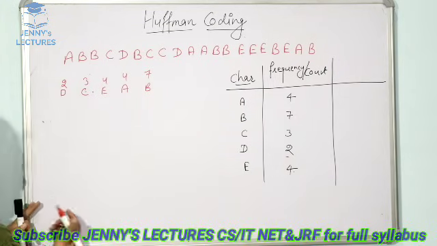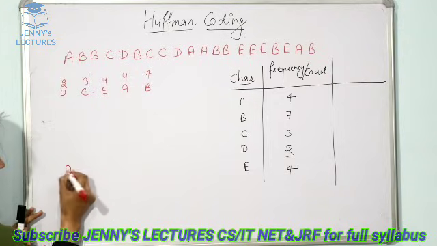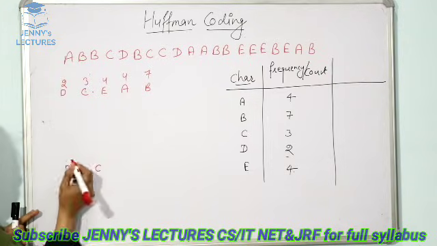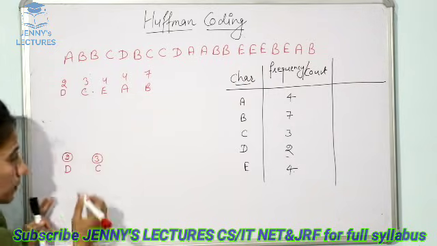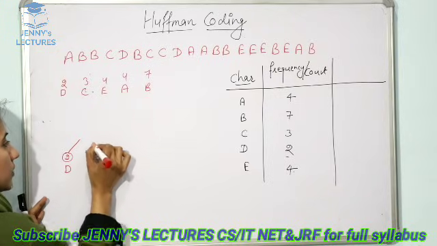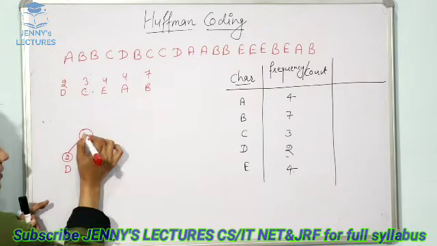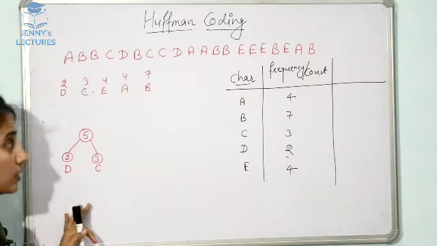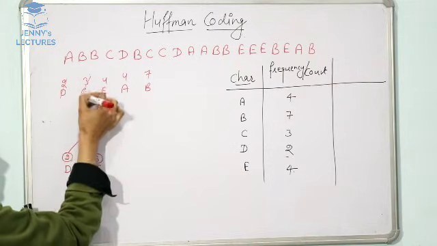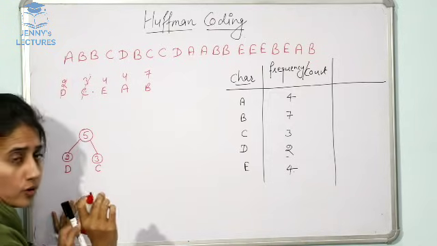Take D and C like this. See, we are taking D and C. For D the count is 2, for C it's 3. Now merge these two and create a parent node, and the count will be 2 plus 3, that is 5. Now we are done with this D and this C. Now in our priority queue, what do we have?